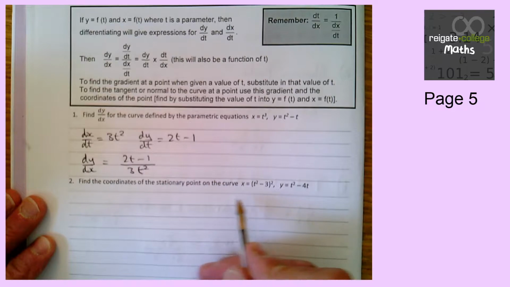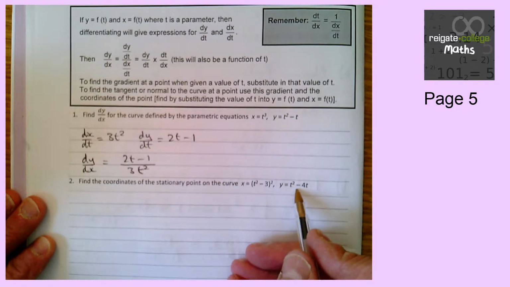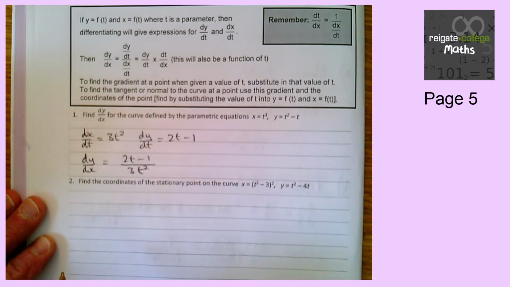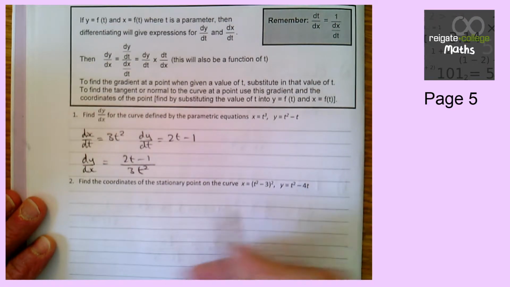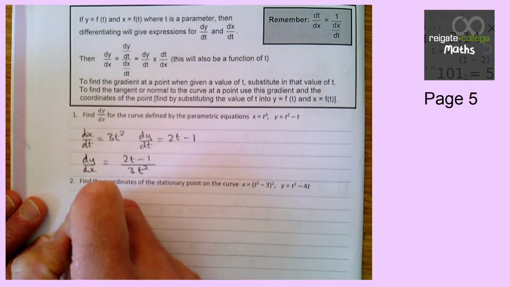Question number 2, find the coordinates of the stationary point on this curve. Well, stationary points occur where dy by dx is equal to 0. So let's find, first of all, dx by dt. We're going to need to use the chain rule.